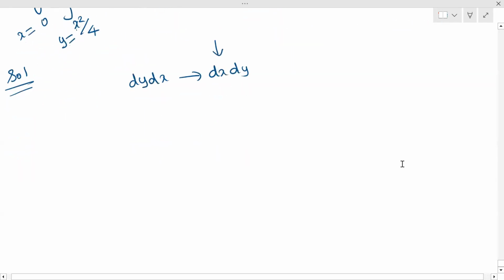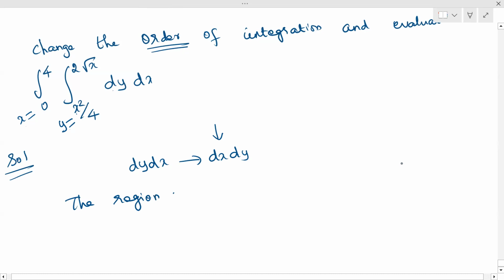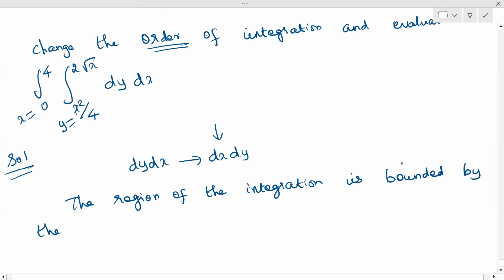For that we have to find our region. So the region of integration is bounded by the lines.